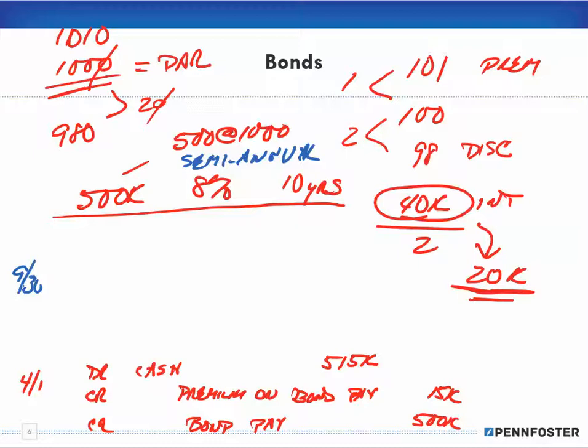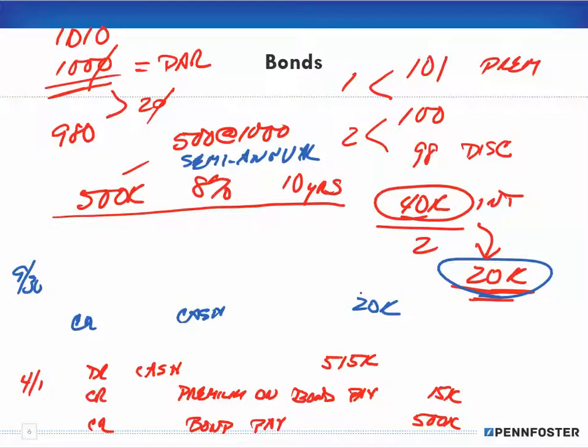Okay, so 6 months later it's 9/30, and an interest payment has to be made. And like we just calculated, $20,000 is the interest payment. So that's going to be cash going out. So we're going to credit our cash for the 20,000.